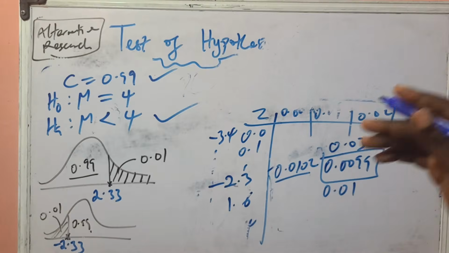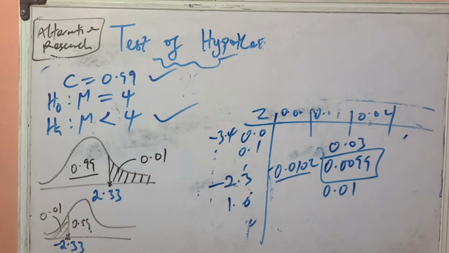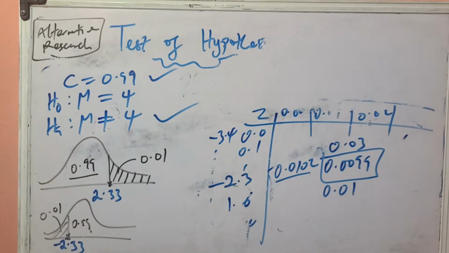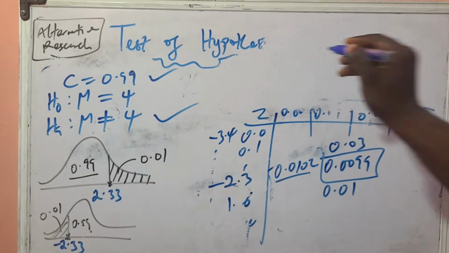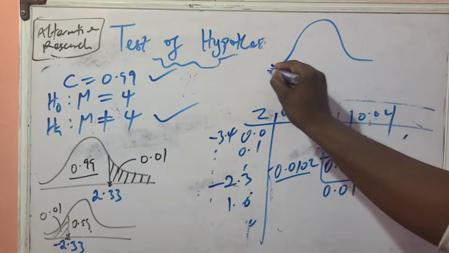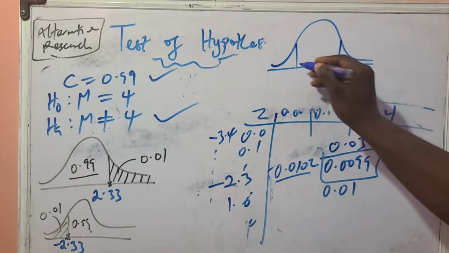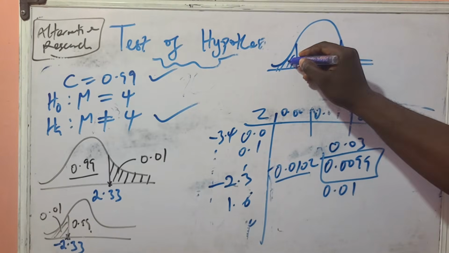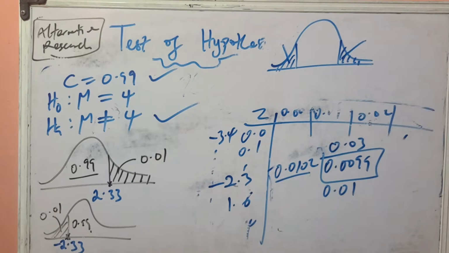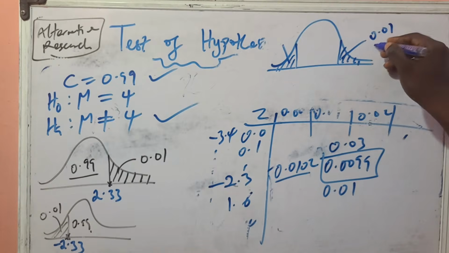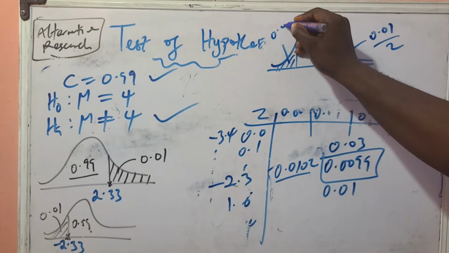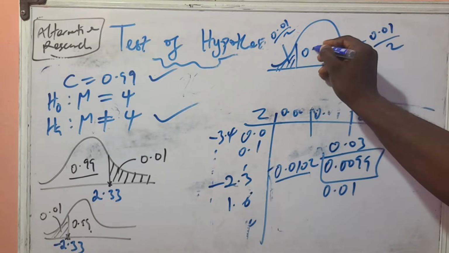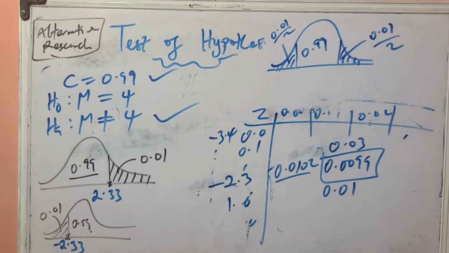And the last value is when I told you to solve for not equals to. So you have a scenario like this. This is a two-tailed test now. Now, in this case, your alpha is going to be your rejection region, but you're going to be having 0.01 divided by 2. Whereas this place is going to be the acceptance region, this is going to be 0.99.